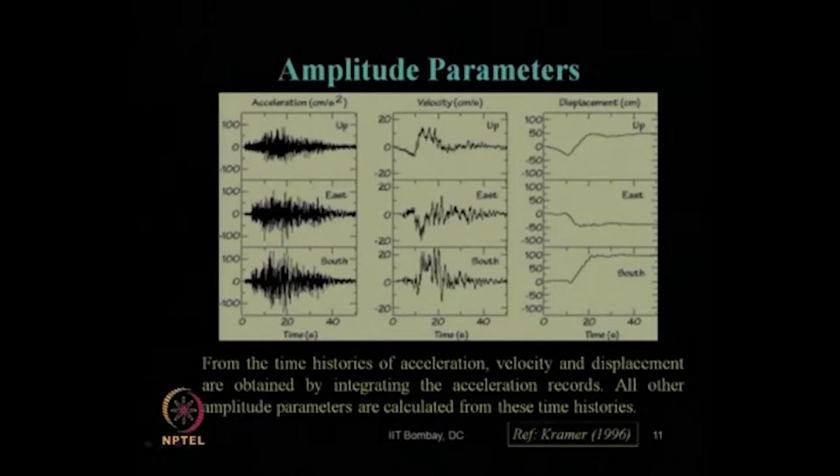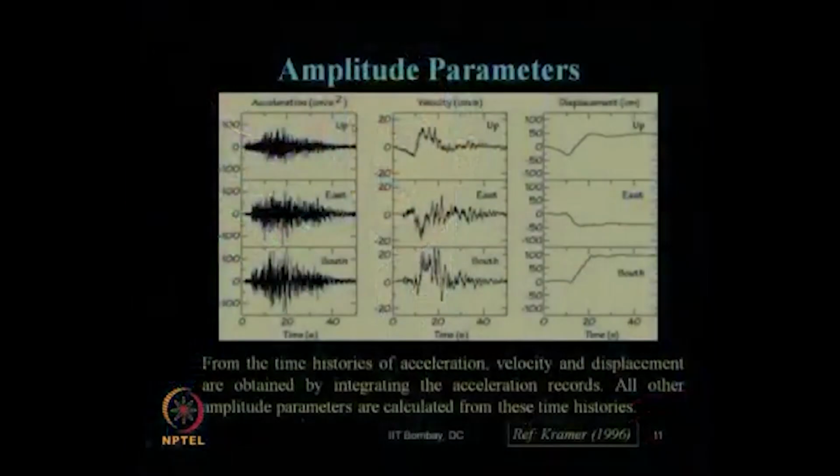You can see these three are showing a typical acceleration time history record in a seismograph in three orthogonal directions, the horizontal or translational case of acceleration. If we look at the slide, the top picture is the vertical acceleration time history.